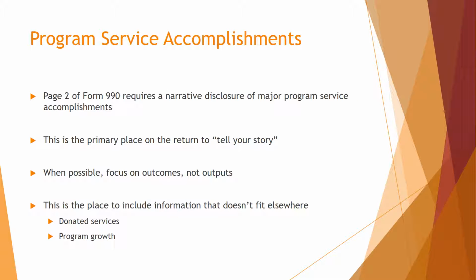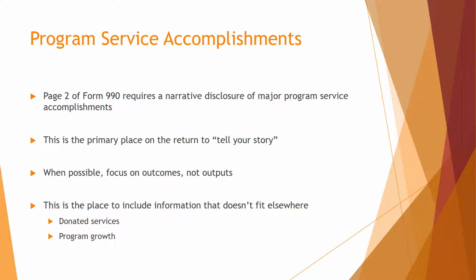So if we know that we have to submit a Form 990 and that every organization applying for the grant is also submitting a Form 990, we want to make sure that ours stands out and stands out in a positive way. The first place we can do that is on page 2 of our return in the Program Service Accomplishments section.